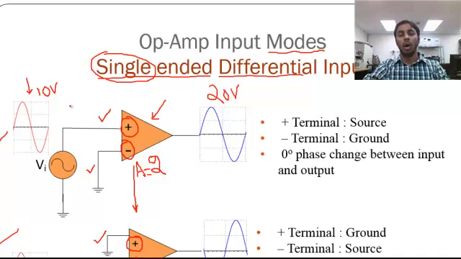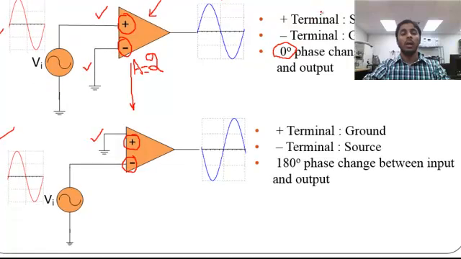Because the input signal is applied to the non-inverting terminal, the phase relationship between the input and output is 0 degrees. Both are going to be in phase. If I apply the same 10 volts here and this amplifier has a gain of 2, then the result is going to be 20 volts.